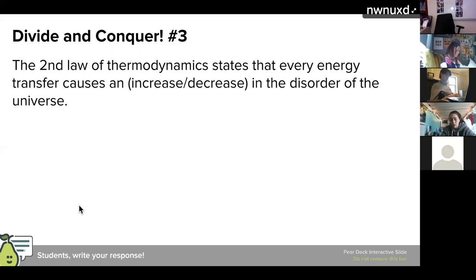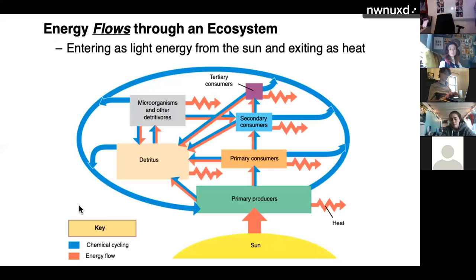All right, wait a minute. So how does that apply to us as biologists? Well, as biologists, we can't violate the second law of thermodynamics. It's a law. It's an observable phenomenon. So what's important is we circle back to that idea that heat is always being released from any living thing as a waste product.